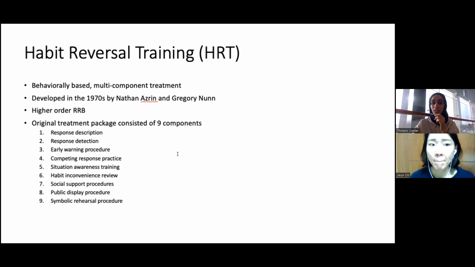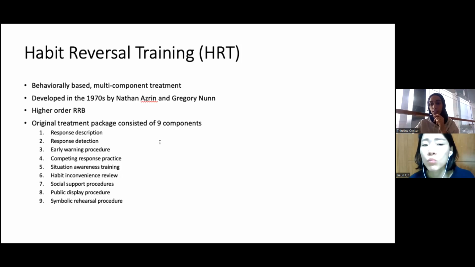The original treatment package consisted of 9 components. I'm not going to spend too long going over the 9 components, but it was quite comprehensive. The professional working with the client would work first on response description.